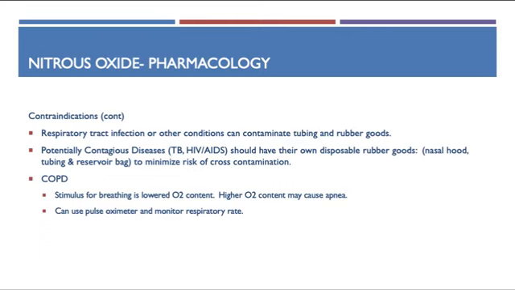The risk there is because a lot of these rubber goods are very porous. They're not very amenable to proper sterilization for use in the next patient, so the risk of cross-contamination is high. So OSHA requires that those disposables be thrown away.